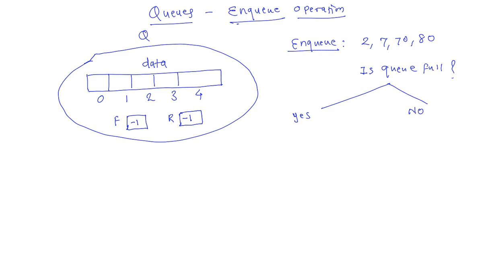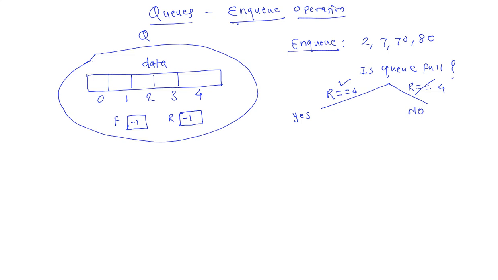That's why the queue full condition is rear equal to the last location, in this case 4. And the queue is not full means rear is not equal to 4. Rear is something else, it's not 4. That's why the queue is not full.